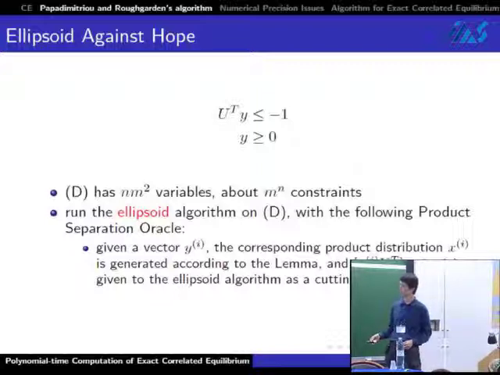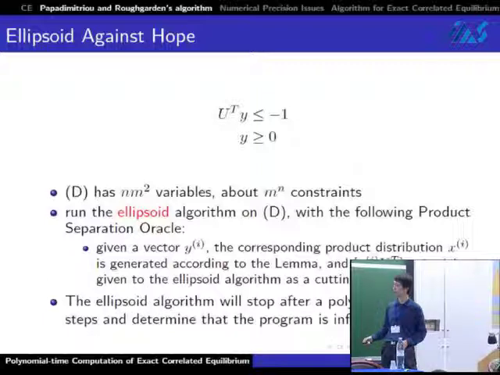If we use this separation oracle, the ellipsoid method would keep cutting, and the ellipsoid would keep shrinking and would stop after a polynomial number of steps and determine that the program is infeasible.